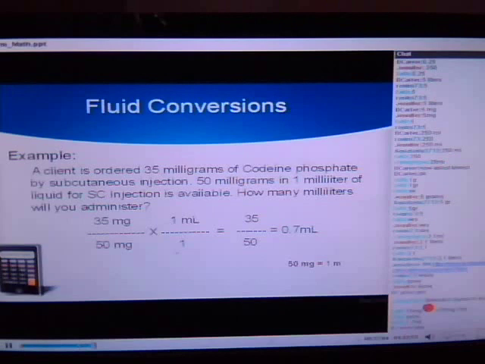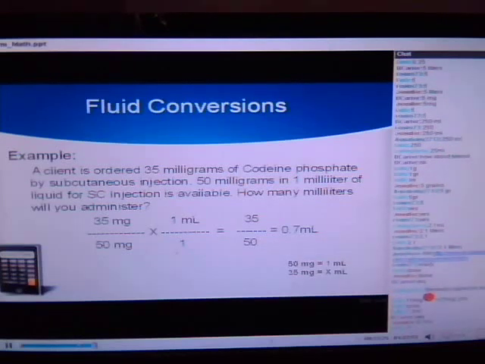We know that 50 mg equals 1 mL. And I'm supposed to give my client 35 mg. So I'm looking for the X. So how many mL do I give this client? If you times diagonally and divide by the X.